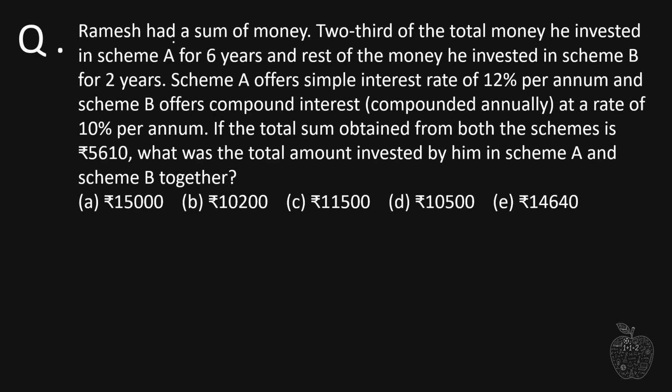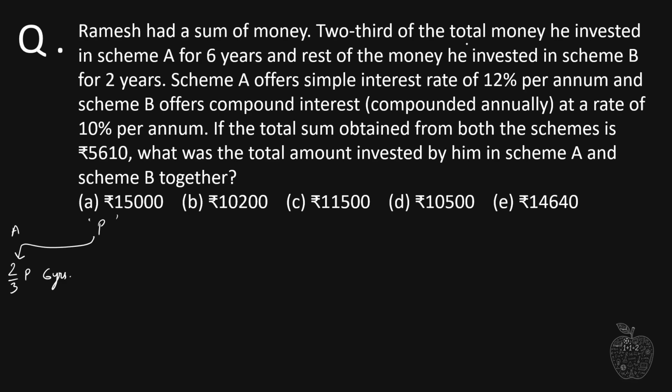Okay, so Ramesh had a sum of money. So let's assume he had a sum of money which is P. Two-thirds of the total money, that is two-thirds of this P, is invested in scheme A for 6 years.